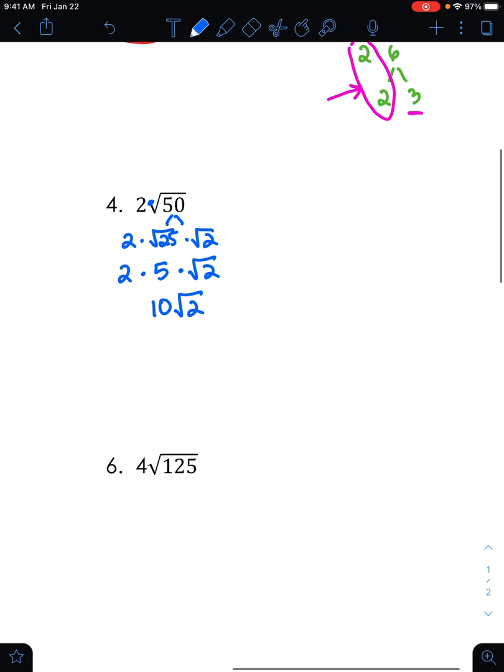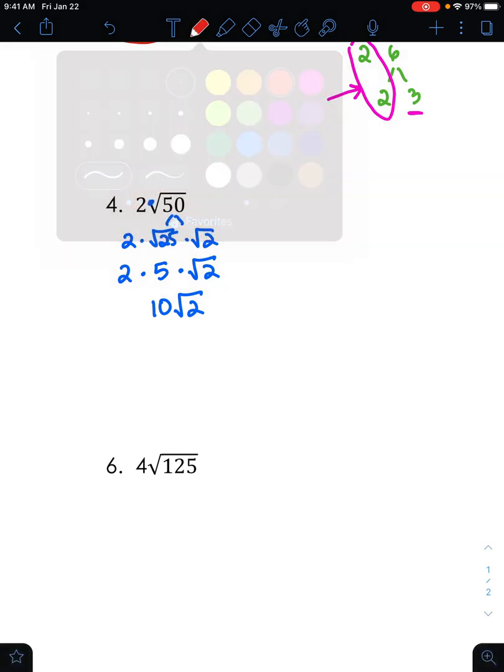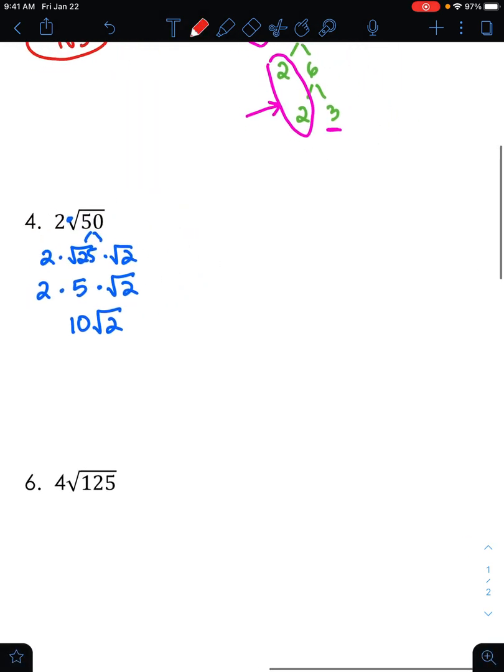Okay. We can do the same factor tree method. So what I might recommend here, the 2 in front, I'm just going to write it over here to the side. I know I'm going to do 2 times something. And so just separately break down 50. So 2 and 25. 25 is 5 times 5.